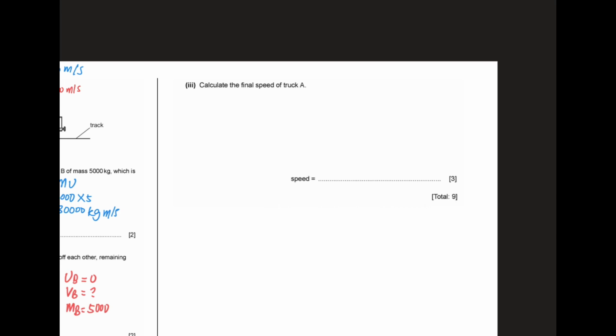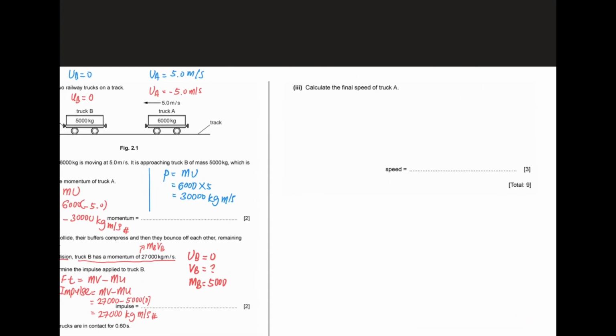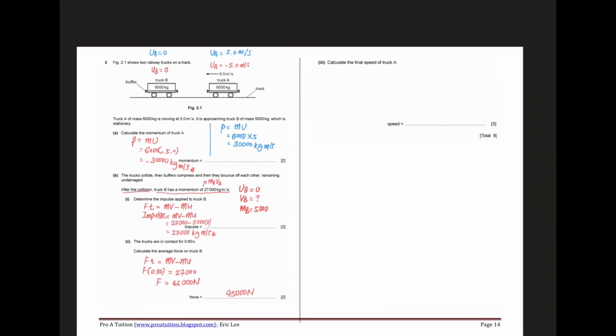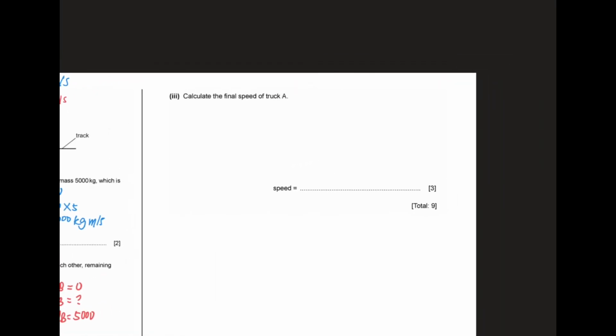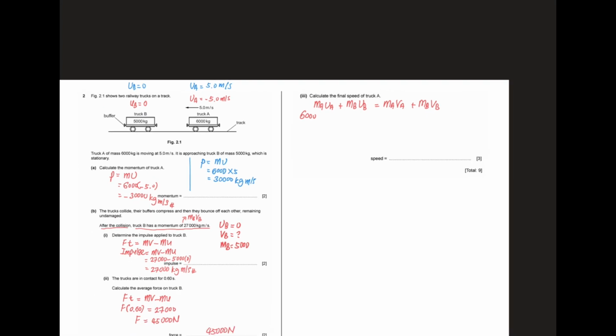Now, calculate the final speed of truck A. Final speed. Okay, so the information that we have is the mass, the UA, the UB. Let us use principle of conservation of momentum. MA UA plus MB UB equals MA VA plus MB VB. So MA 6,000.